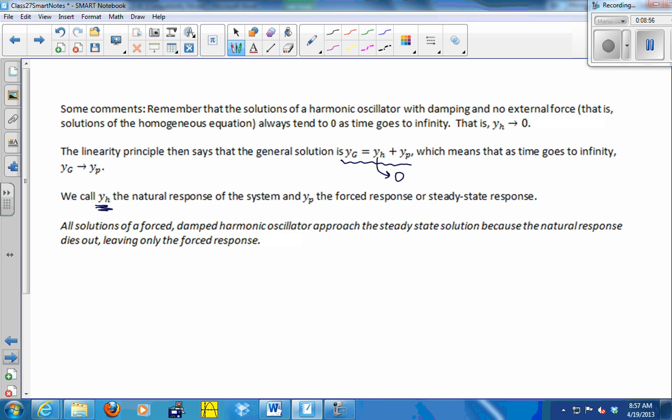And the particular solution that we find to the non-homogeneous equation, we call the forced response or the steady state response. So we have a little summary: all solutions of a forced damped harmonic oscillator approach the steady state solution, because the natural response dies out due to the damping, leaving only the forced response.